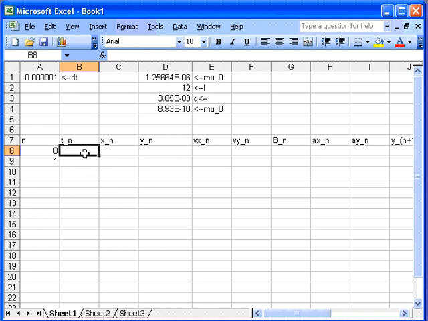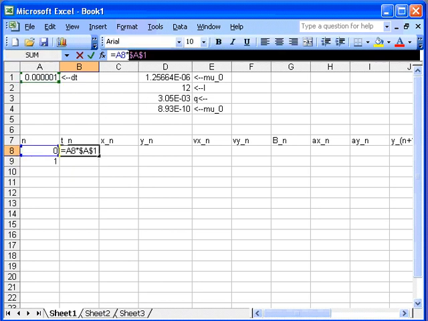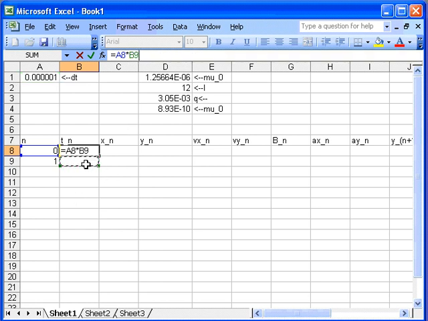Okay, then the t is equal to the n times, I need this value right here, but I want it with $, so I'll call it $A$1. And I'm going to actually copy that, so I'll do Control C, because I think I'm going to need that a lot.